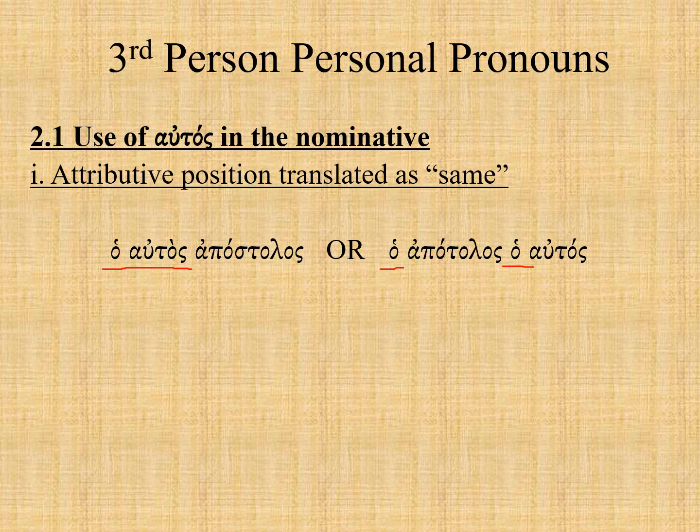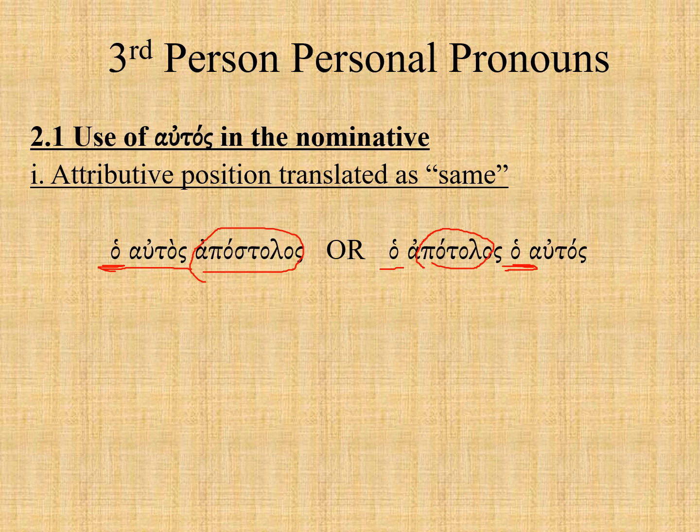So this looks identical to the usage of the attributive adjective. In other words, we have a noun, the main noun, that is either followed or preceded by the word autos. And notice again the placing of the article in front of autos. So if we have the sentence ho autos apostolos, obviously it does not mean the he apostle.